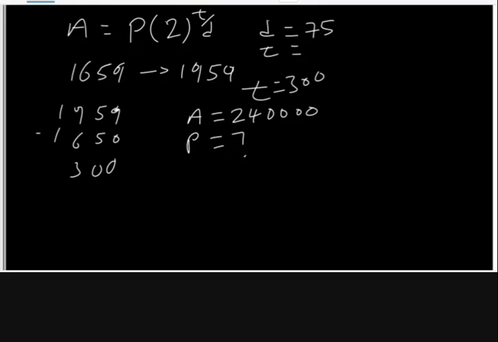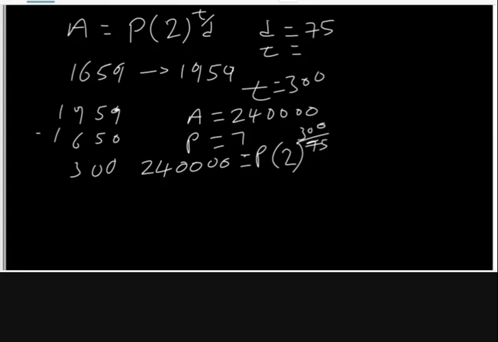So what we are meant to do here now is, A is given to us as 240,000, which is equal to P, what we are looking for, P into 2 raised to the power T, which is 300 divided by 75.